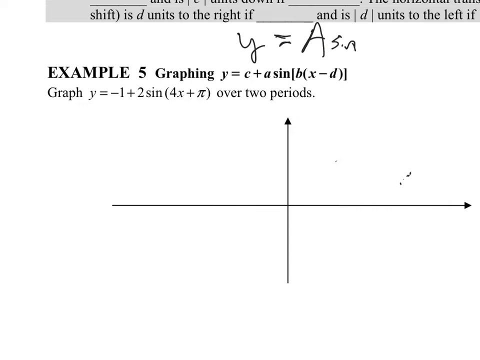Then I like to keep that B factored out, so I like to put the B on the outside of the parenthesis. And then after B is X minus C, where he has a D. It's just because I'm doing it in alphabetical order: A, B, C, close that off. Then I do my plus or minus D, whatever I'm doing.